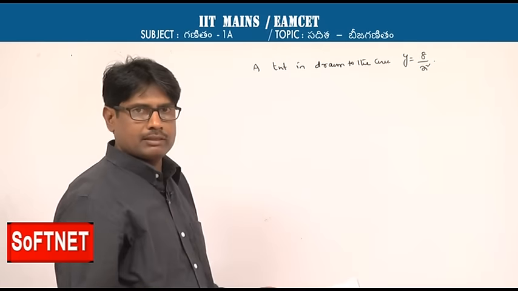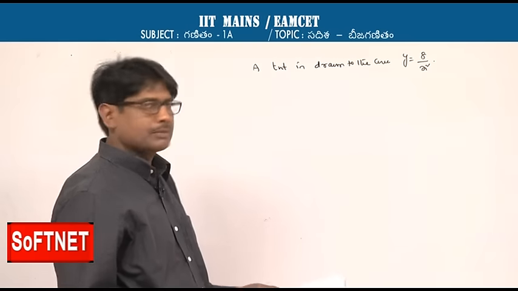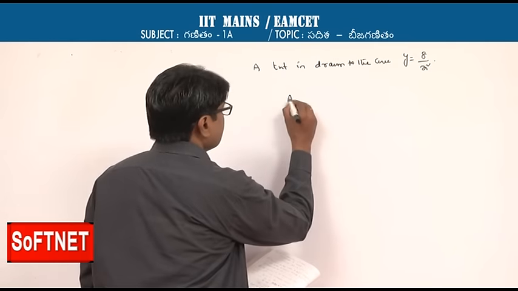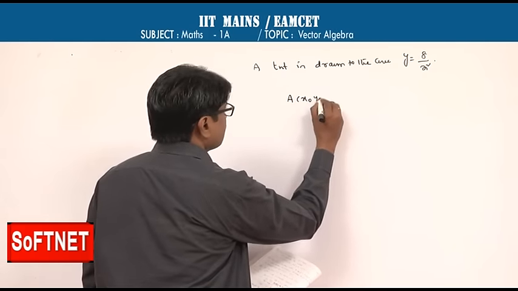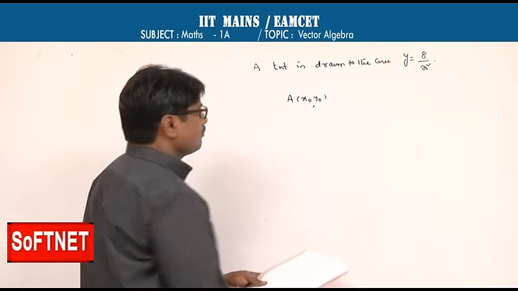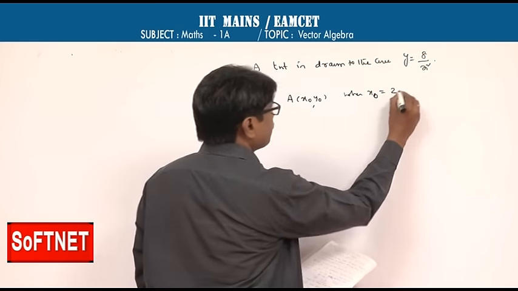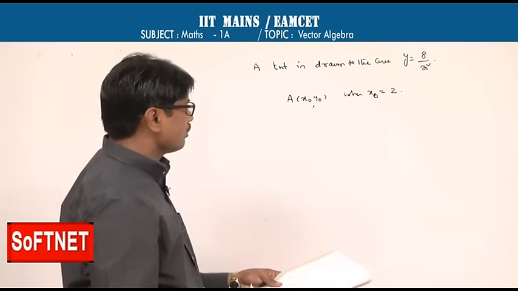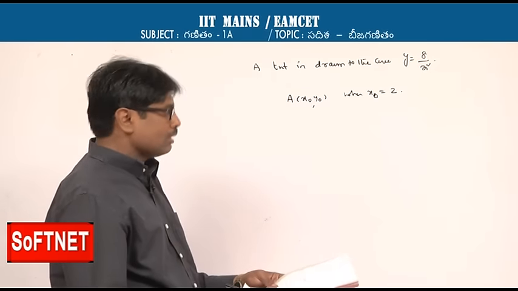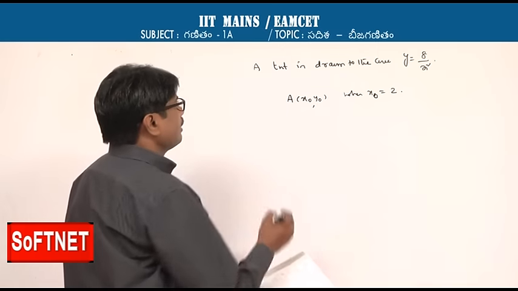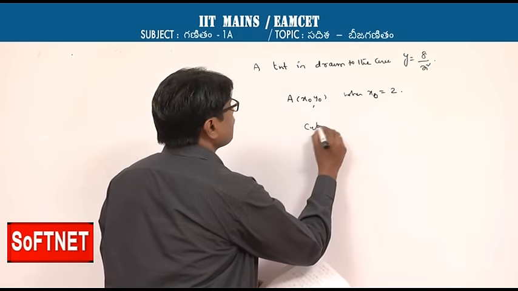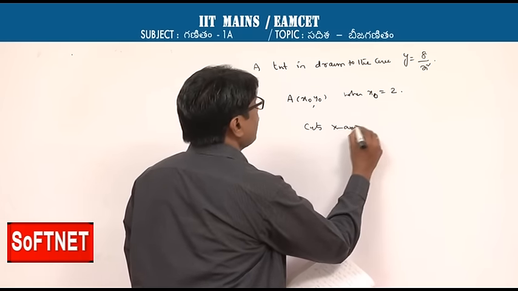In the xy plane, rectangular Cartesian system, a point A (x0, y0) on the curve where x0 is equal to 2. A tangent is drawn at A to the curve, and the tangent cuts the x-axis at B.